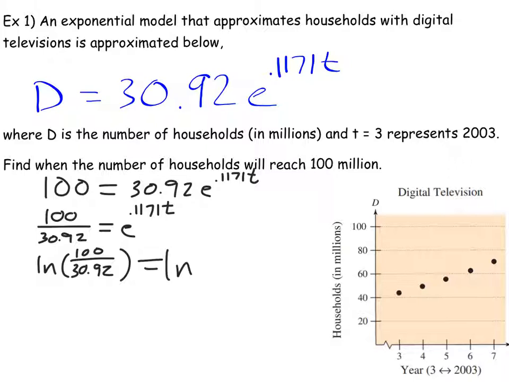This is where we do the real damage over here. That cancels, and we don't have an exponential expression anymore, which is good. Because that 0.1171, which is the growth rate, by the way, I don't know if you caught that, means that at this time the rate of change for digital televisions was like 11.7%.